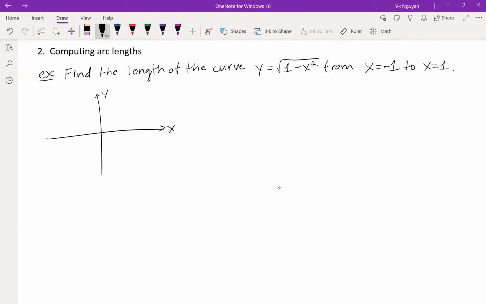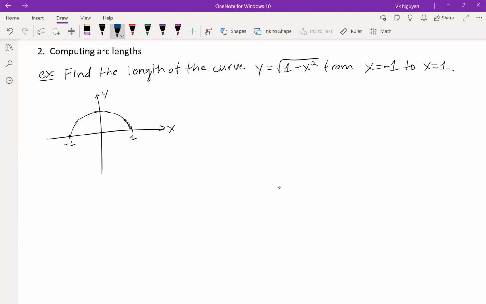X, y, -1 to 1. And this would just be the upper half of the circle. But we know how to figure this out using the circumference of a circle. However, we're going to use the formula that we just derived to get the same answer.